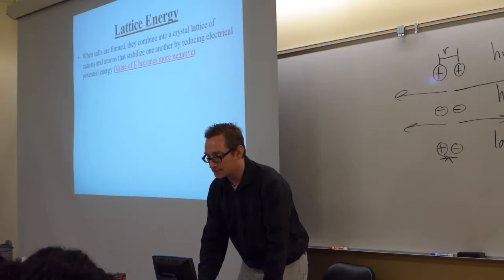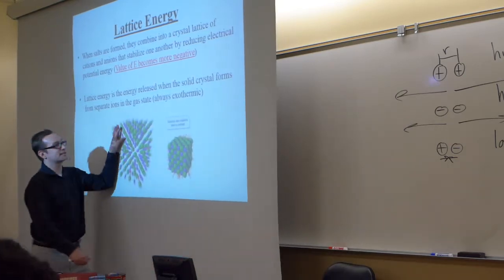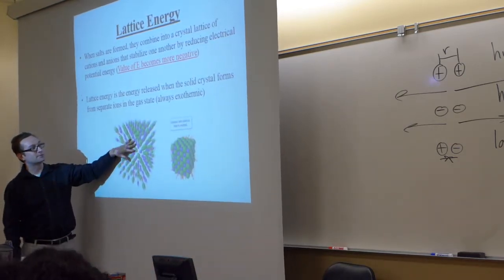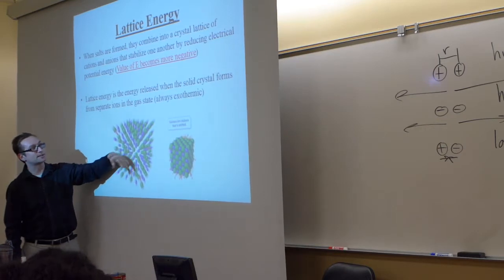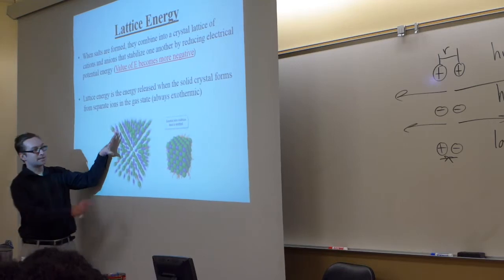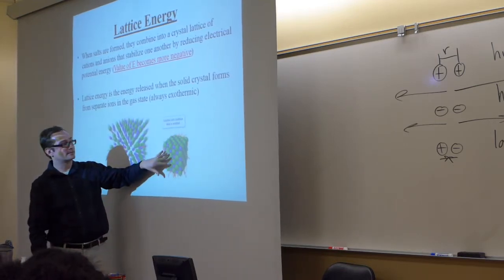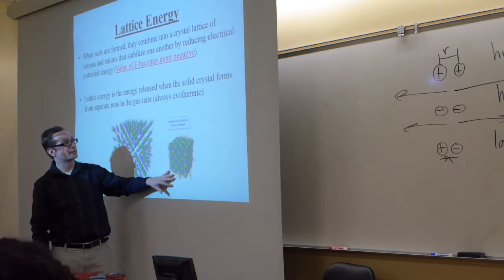That lattice has an energy to it. So here's your gazillions of cations and anions. The blues and the greens are just opposite charge cation and anion. As they come together to form a lattice, all this heat is released out to the surroundings. Why is heat released?